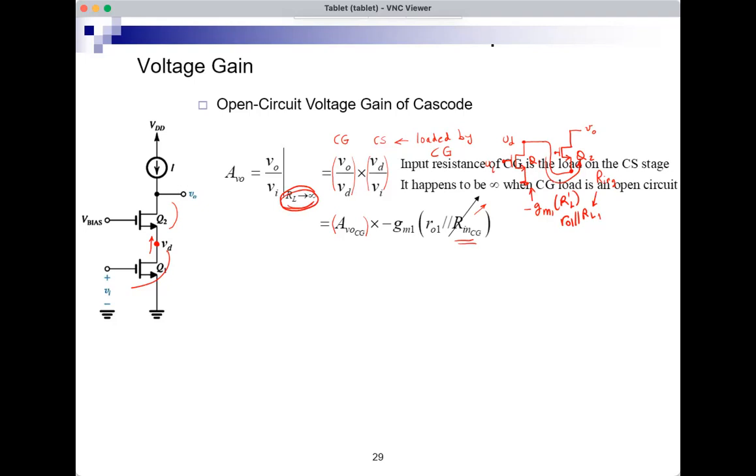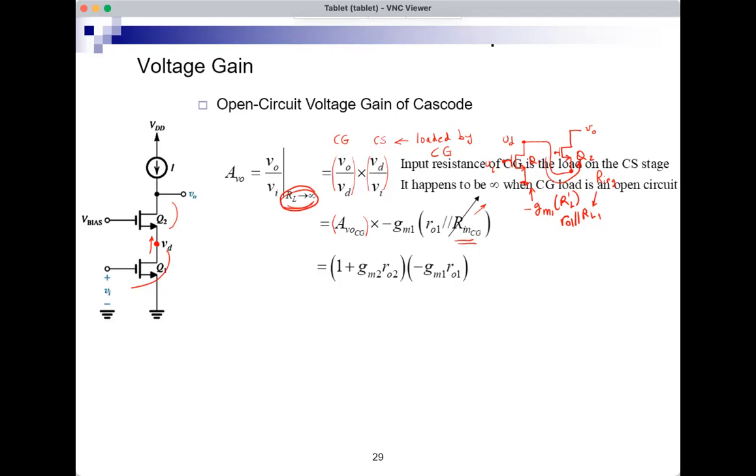And of course, I have AVO of the common gate, and I have the expression for that. So 1 plus GM2 RO2 is AVO common gate. We derived this previously, times the gain of the common source loaded by the common gate. But we only get minus GM1 RO1 when I'm doing the open circuit voltage gain calculation. So this is the AVO for the cascode.